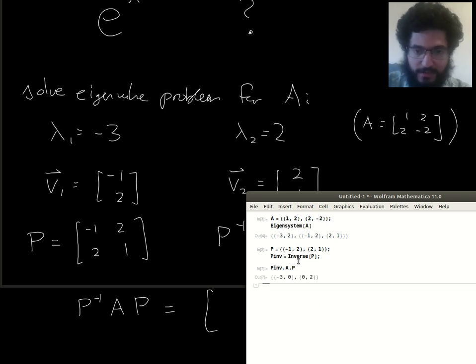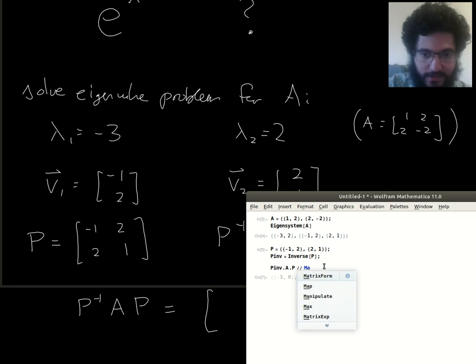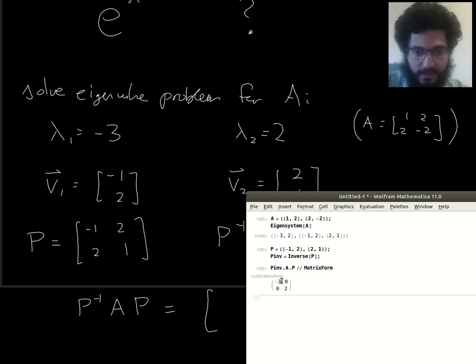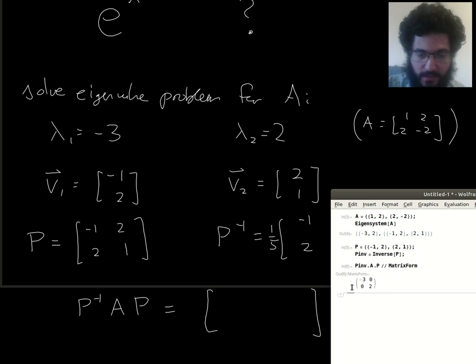That should be diagonal, and it is. Let me show it in a nice way. It is diagonal. So it's negative 3, 0, 0, 2.